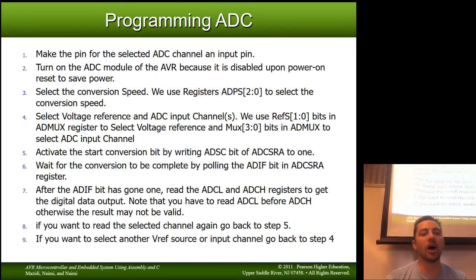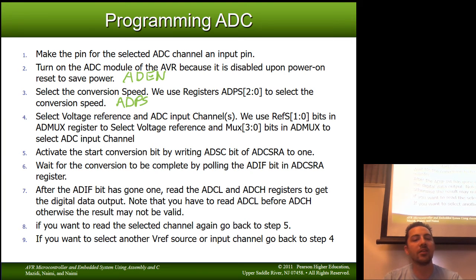You've got to turn on the ADC, because by default, it takes a lot of power to do analog conversion, so you don't want it on all the time. So you have to turn it on using the AD enable bit. You have to select the conversion speed. That's the AD prescaler field. Oh, it says it right there.